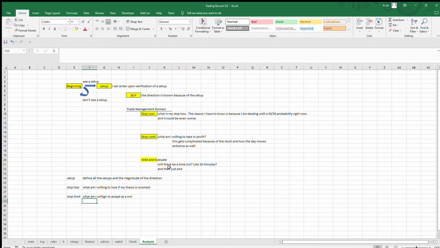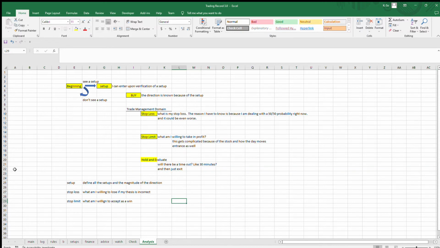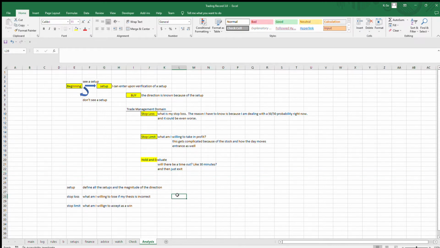If the trade doesn't prevail within a certain amount of time, I need to exit. If I have set up things correctly, I should immediately see the results.